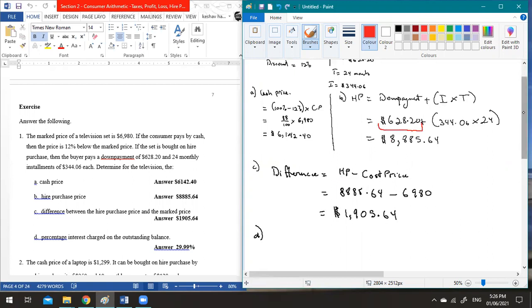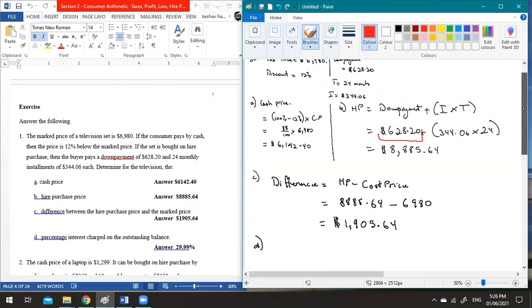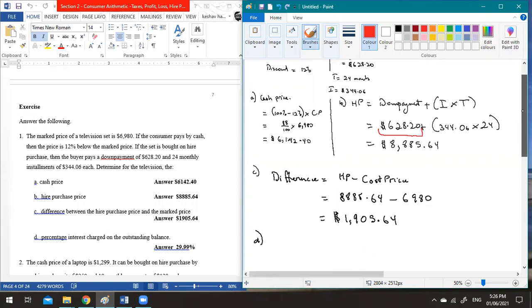The outstanding balance is how much money you still owe them.